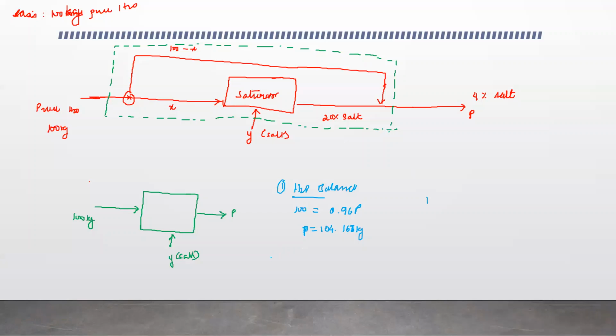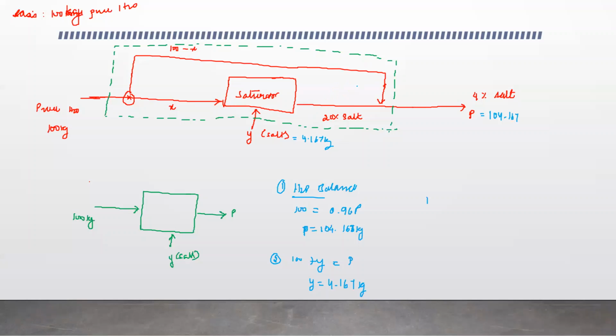Then the overall material balance gives us 100 plus Y is equal to P. P is 104.167, therefore Y would be 4.167 kg. That is our result.